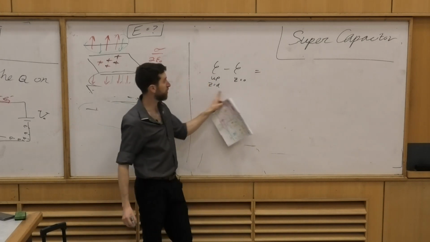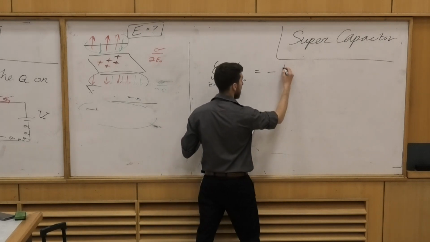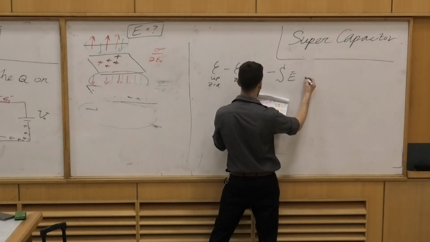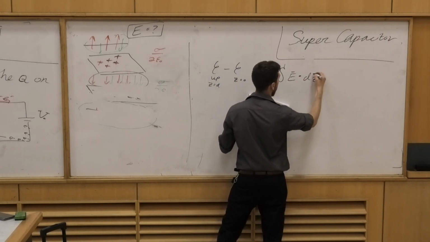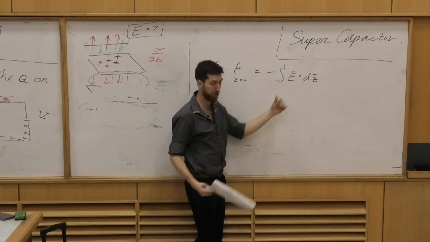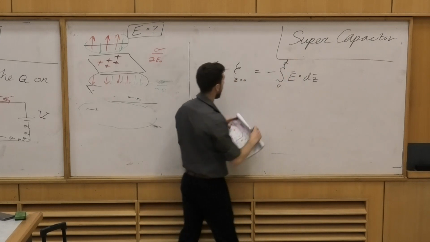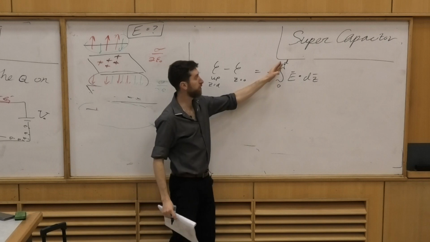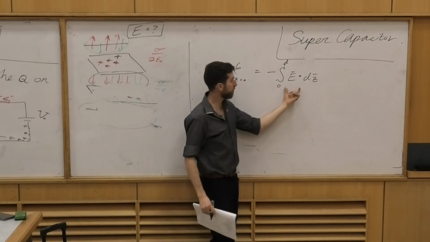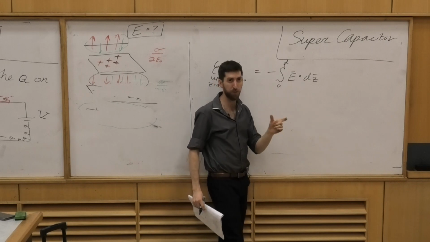What is the definition of the change in potential? It is minus the integral of the electric field dot dz. This is a rehearsal of what we had previously, before the vacation. We know the electric field everywhere, and we go in the direction from 0 to D, which is the potential on the capacitors. We need to see that the electric field is actually changing. In the middle we have the conductor, where the electric field is 0.